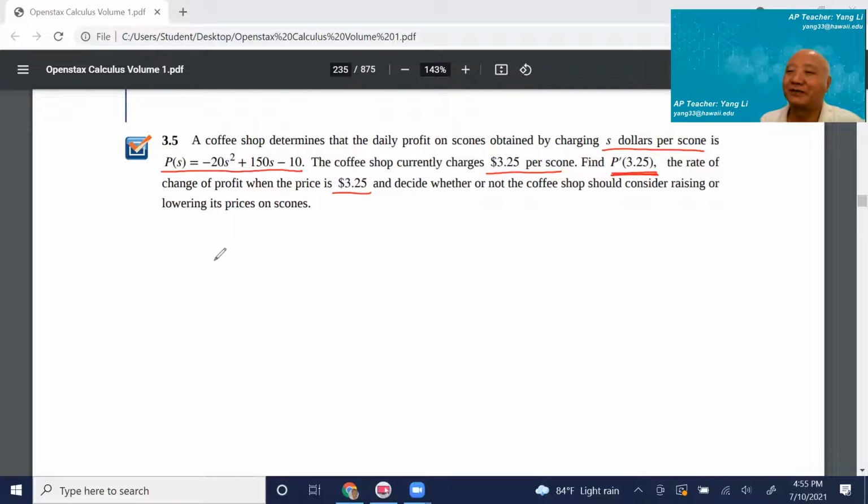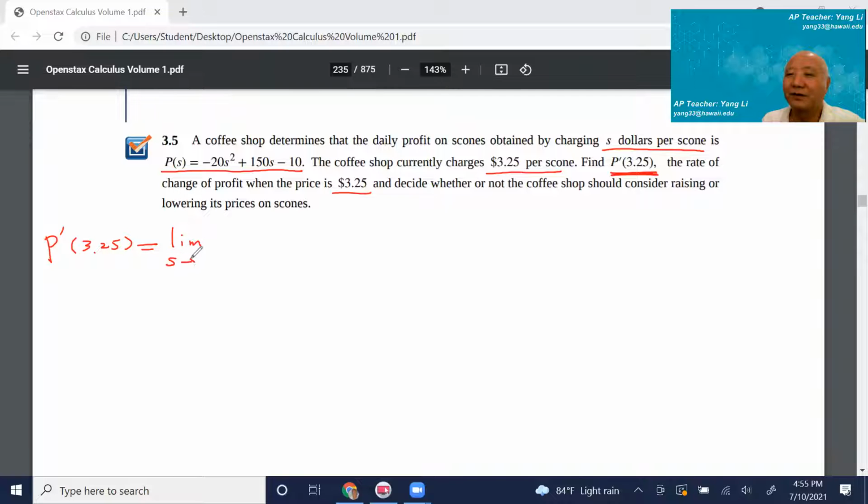So let's do this one now. First, we'll try to find this one. Based on the definition, equation 3.5, about derivatives, we can get the derivative of P at 3.25, right? It equals the limit, remember that?